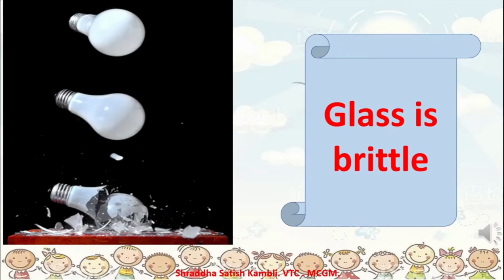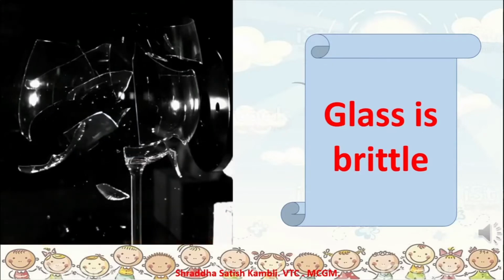Yes, glass can break. Alright, see this is a bulb. In case you happen to drop a bulb to the ground, what will happen? The bulb will get smashed up. Alright, and imagine if you hit a glass like this, even that will break.